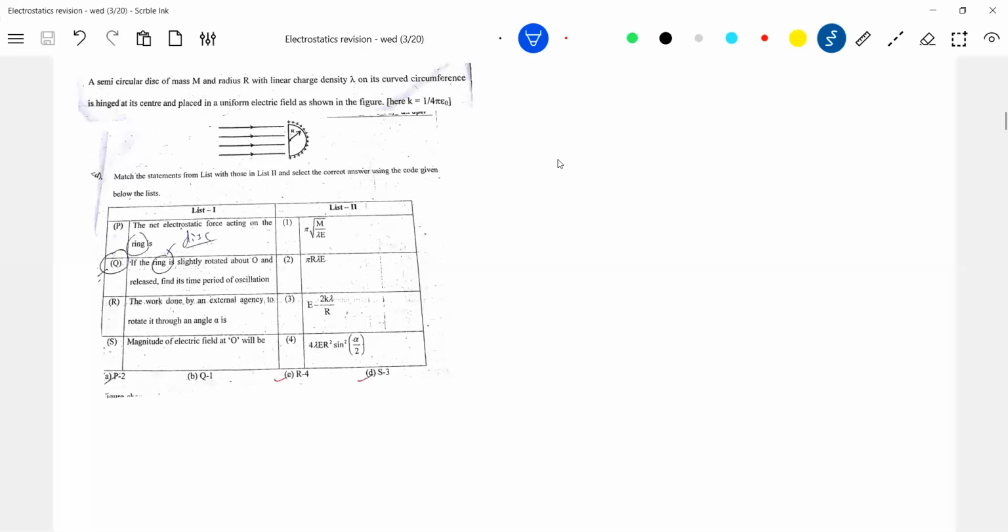Okay, I'm testing you on some basic ideas. A semicircular disk of mass m and radius r, with linear charge density lambda on its curved circumference, is hinged at its center and placed in a uniform electric field as shown in the figure. The net electrostatic force acting on the ring, better say disk, it is.